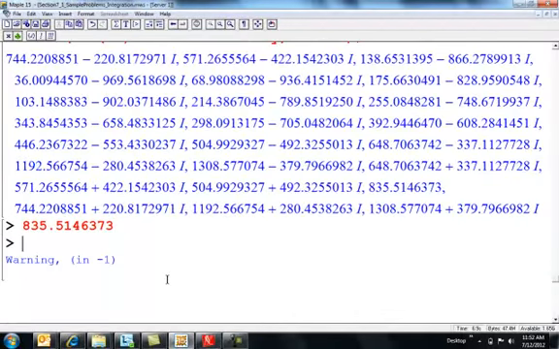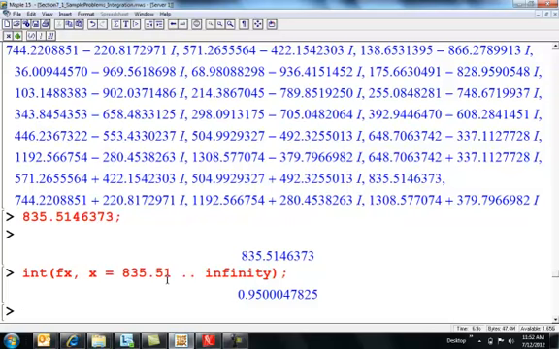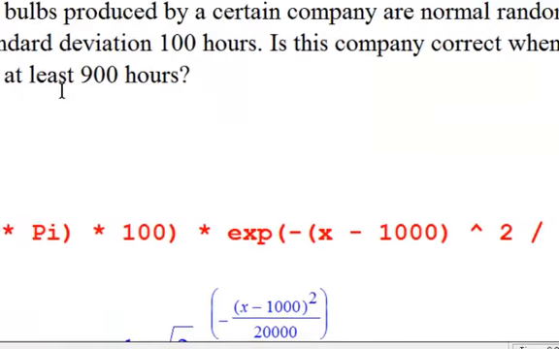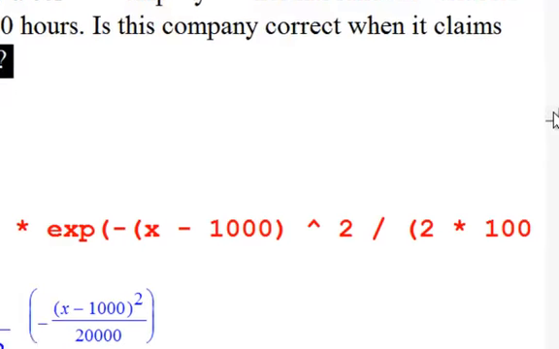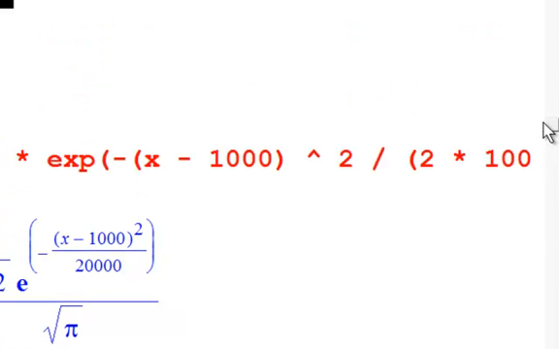Let's integrate f of x from x equal 835.51 to infinity. Should be 95%. Yeah, okay. In fact, 95% of its light bulbs don't last 900 hours.